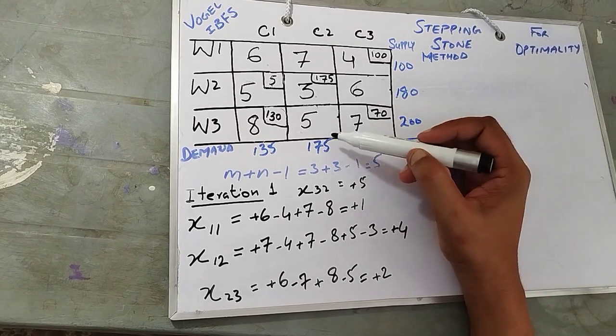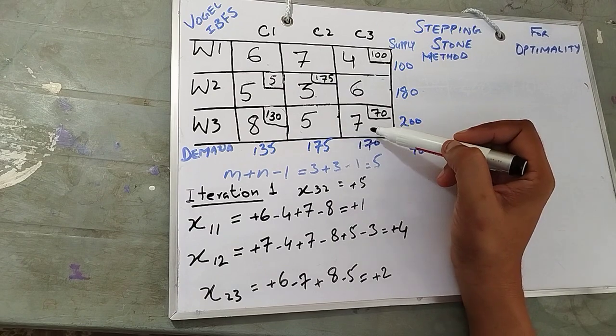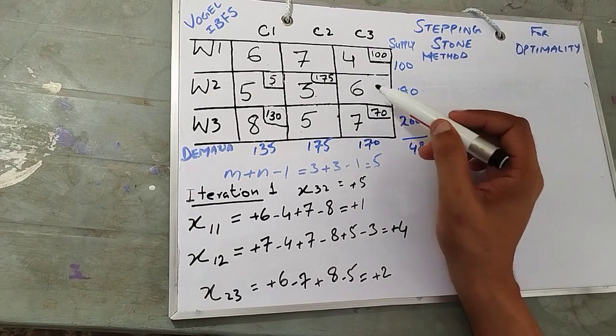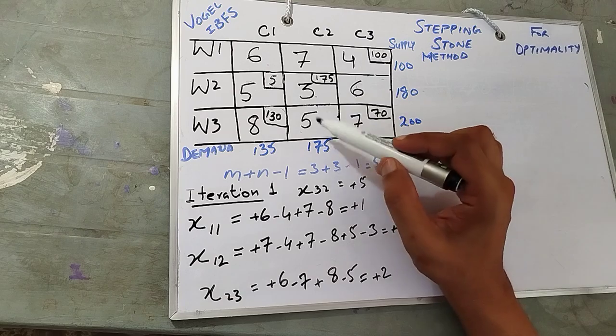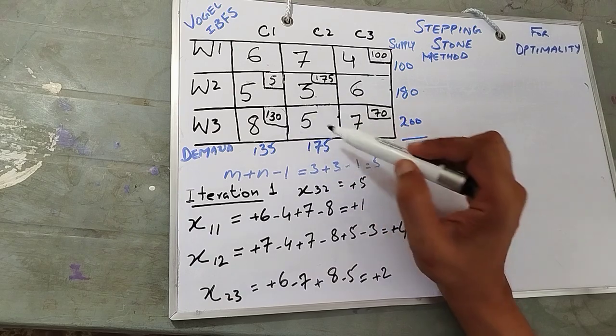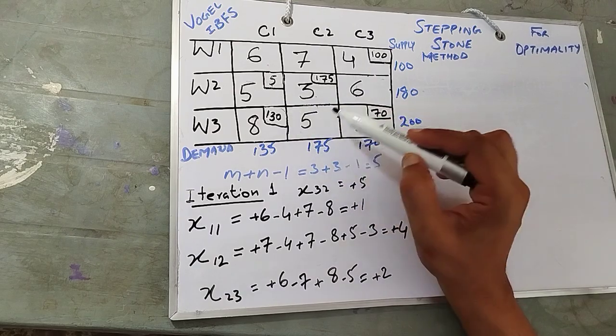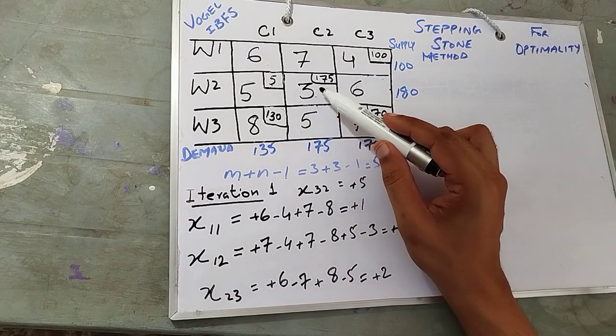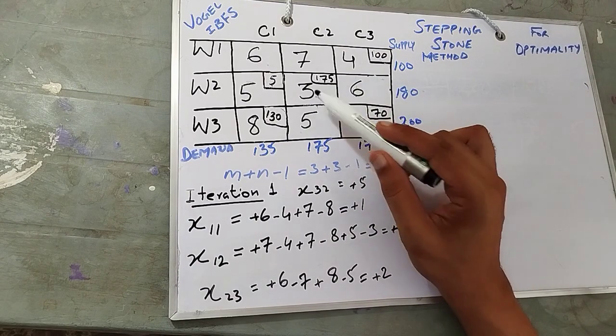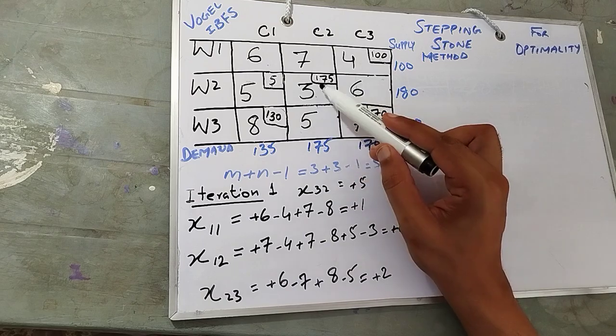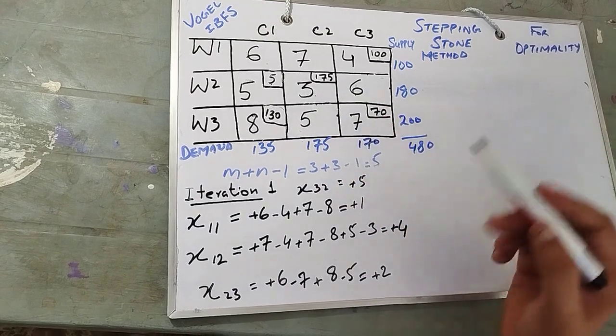So you see, if you go to 7 in the horizontal manner, there is no loop over here. If you go to 8, there is a loop over here. If you go to 3, there is a loop over here. So either you can go to 3 or you can go to 8. Both are correct.